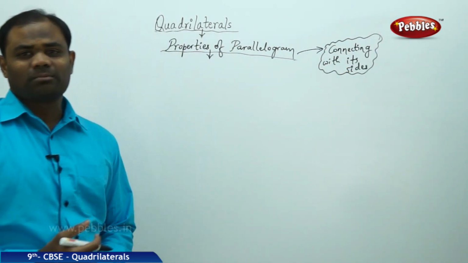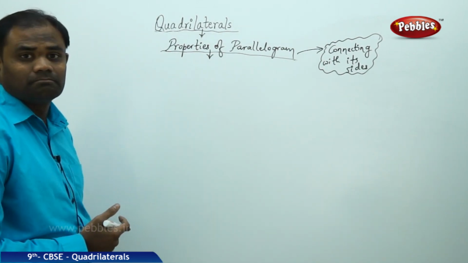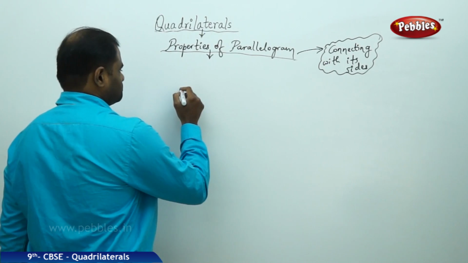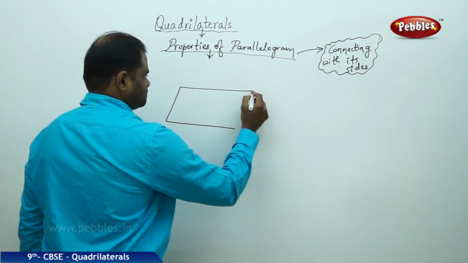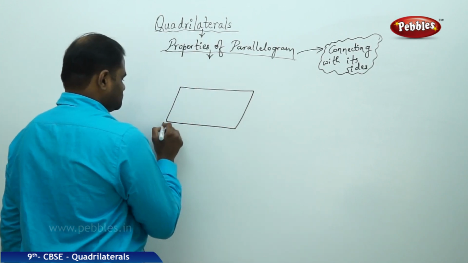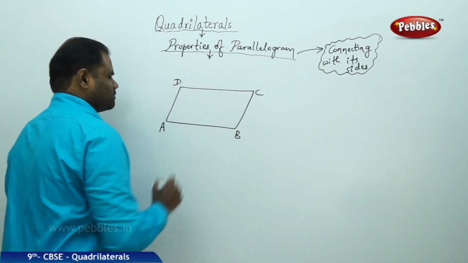So let's see the property which connects with sides. Parallelogram ABCD. Here is the parallelogram A, B, C and D.